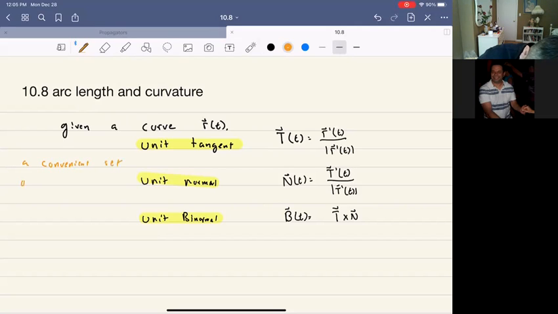I said basis, but that word's not really in the Calc 3 vocabulary. But it's a convenient set of vectors to use to describe particle motion.